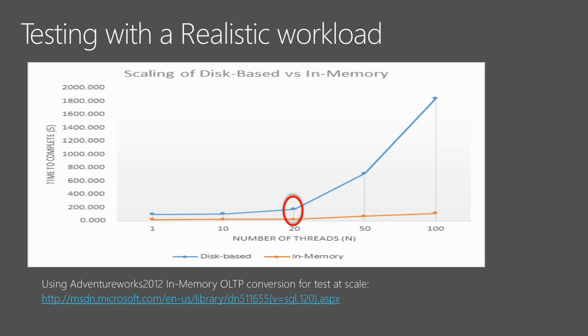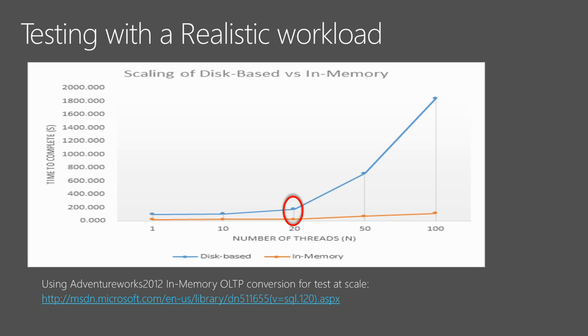A good example of this, we actually published an AdventureWorks database and a workload that you can run against that. The AdventureWorks database is converted to in-memory OLTP. And again, if you just run a single execution of a particular call, there's no contention, there's no real bottlenecks in the engine, you're not going to see that much gains.